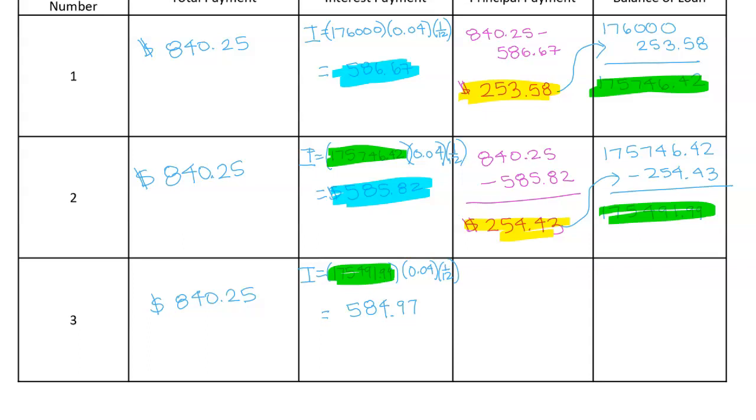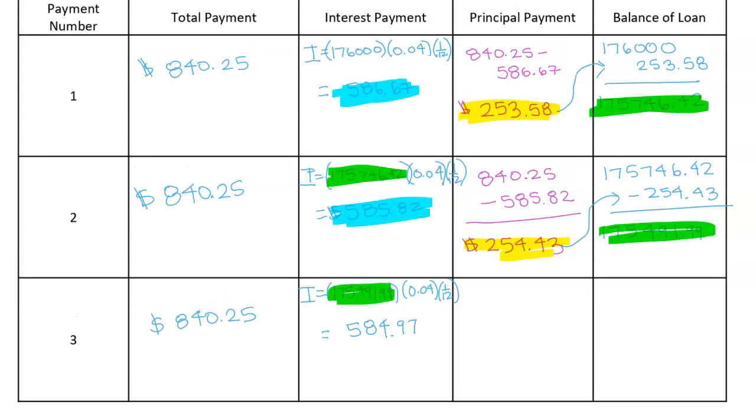All right, now to find the principal amount of the payment, I will just do my payment, $840.25, minus the interest payment of $584.97, and I get $255.28 going towards the principal. Now I'm going to start with the principal from the previous month.